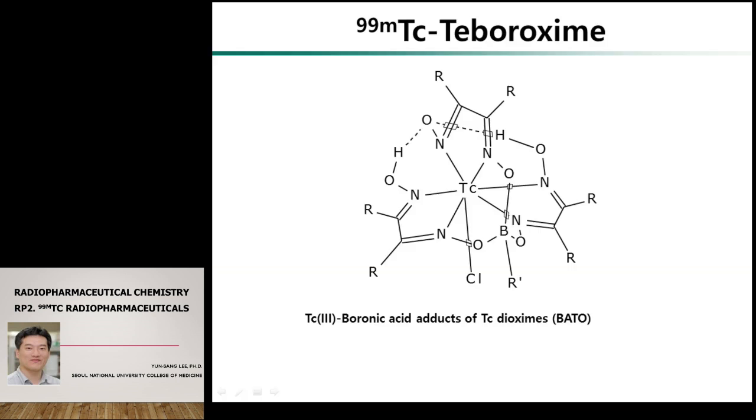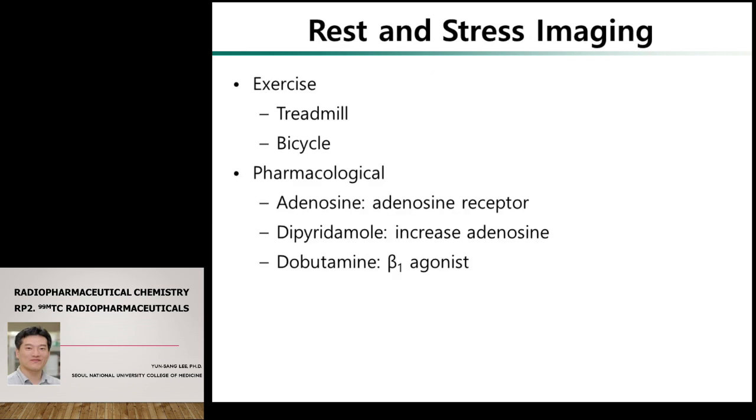Several different groups proposed different types of technetium labeled ones, but only two, technetium MIBI and tetrofosmin, survived. Sometimes we can get rest imaging and stress imaging for myocardial imaging. You can see here these kinds of beautiful images.